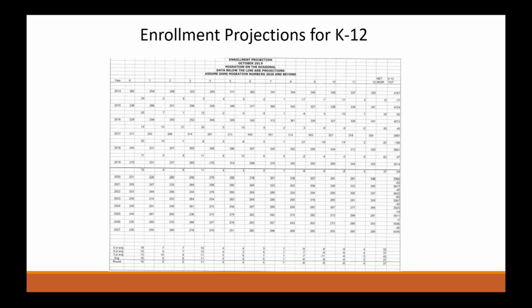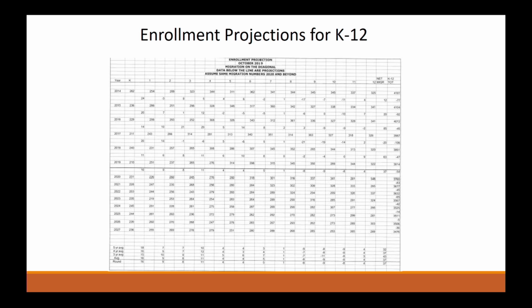Our average migration figure is 16. So going from kindergarten to first grade, we average an additional 16 students. In 2019, we had 210 kindergartners.